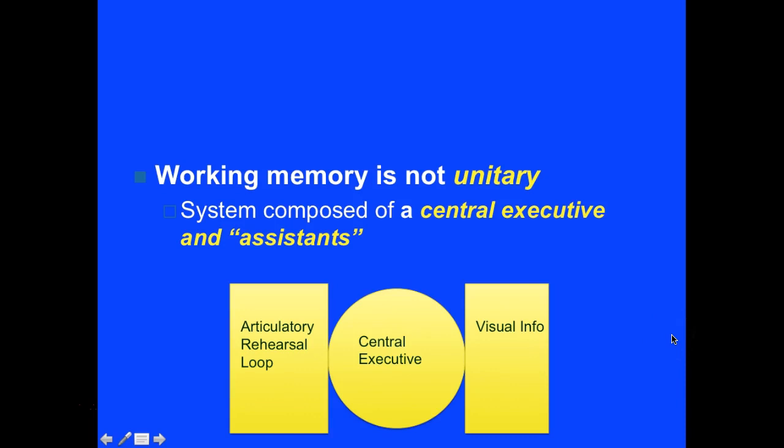Now, in reality, this is just a model. Working memory is a set of processes. I don't mean to imply that this is a brain region and this is a brain region. Rather, I mean to imply that working memory seems to be able to hold visual information separate from auditory information.